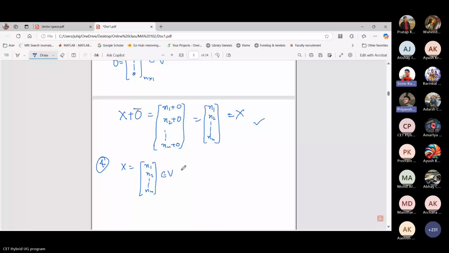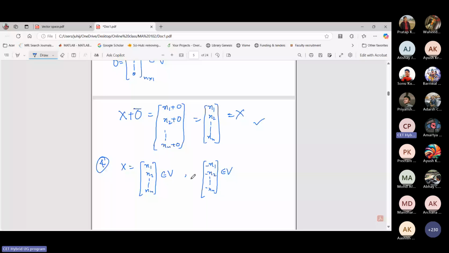So can I say that there exists an element minus x1, minus x2, minus xn in V, because these are also real numbers only.